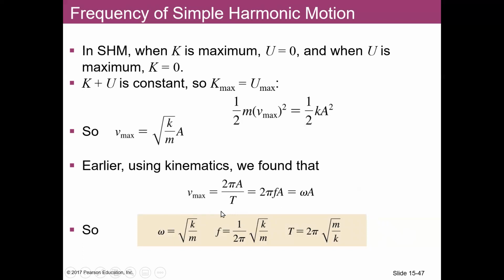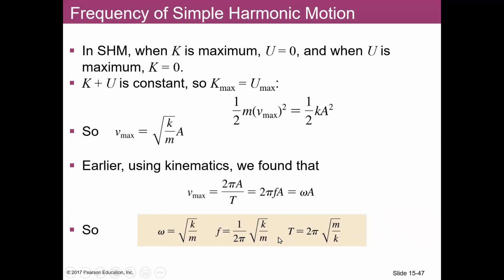max speed is proportional to the frequency. So down here, when we define the frequency, we get that the frequency of the oscillator is proportional to the square root of k over m times that factor of 1 over 2 pi.